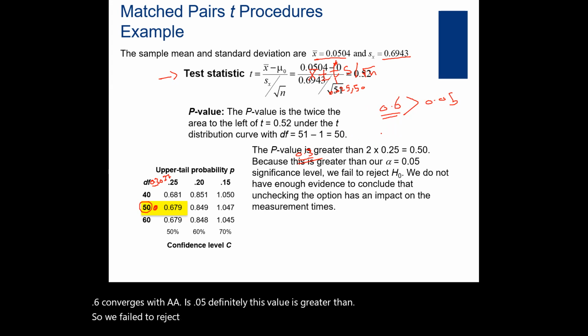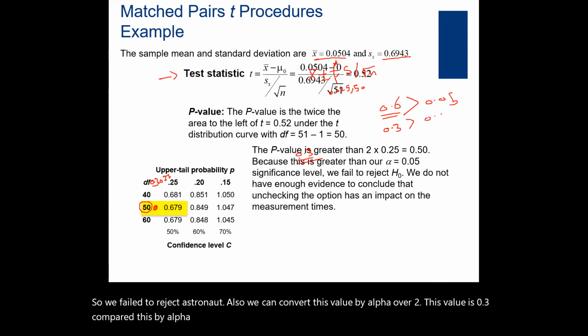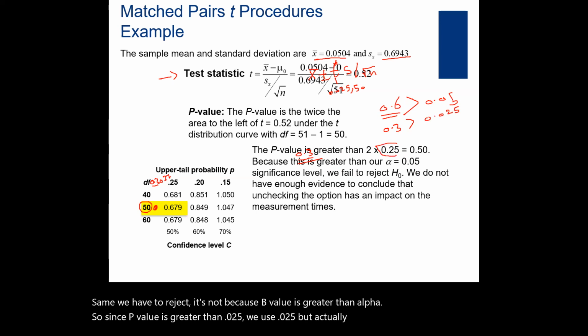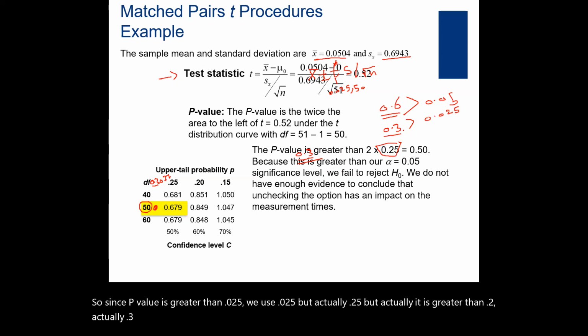Also, we can compare this value with alpha over 2. This value is 0.3. Compare this with alpha over 2, which is 0.025. Same, we fail to reject H naught because the p-value is greater than alpha. Actually, it's 0.3 from the online calculator.